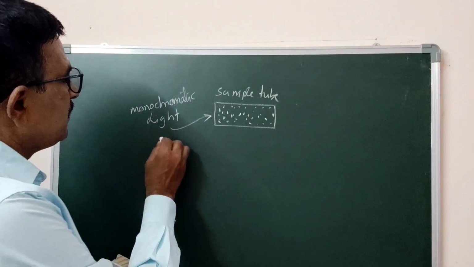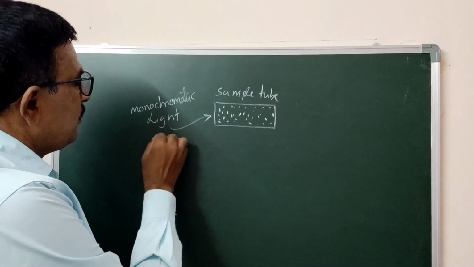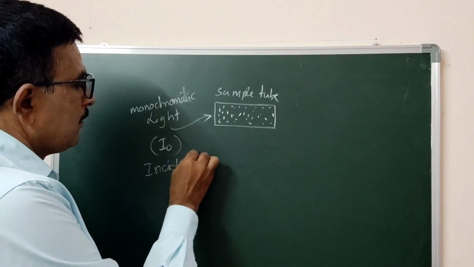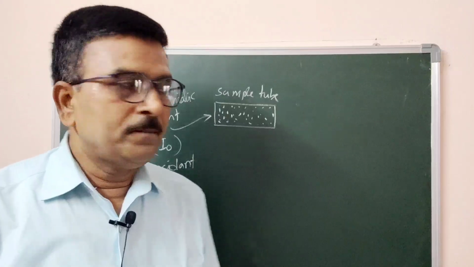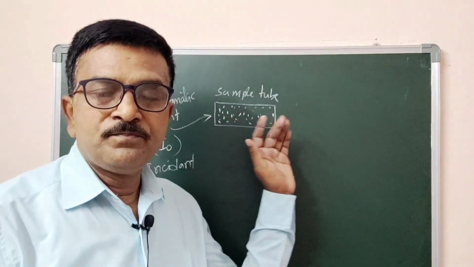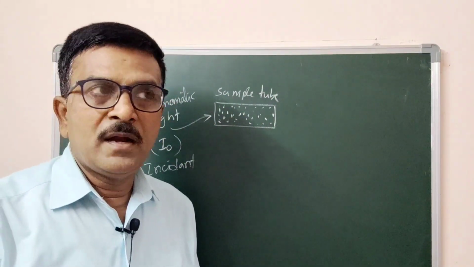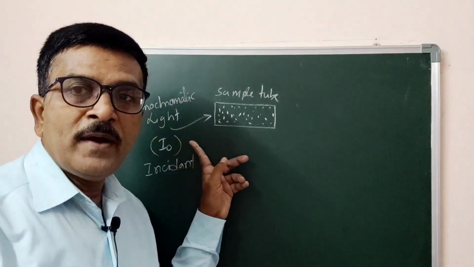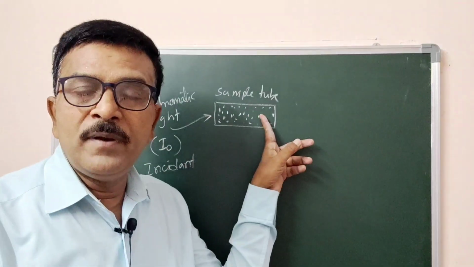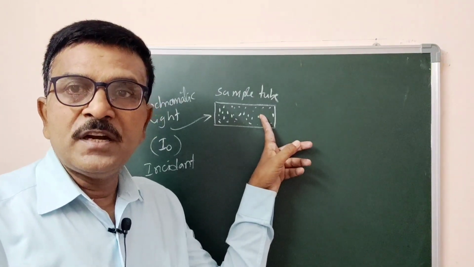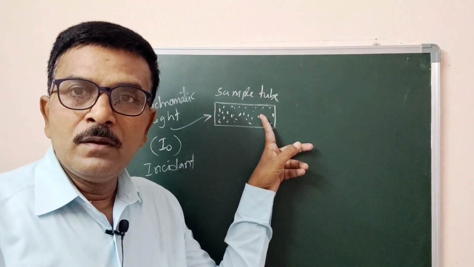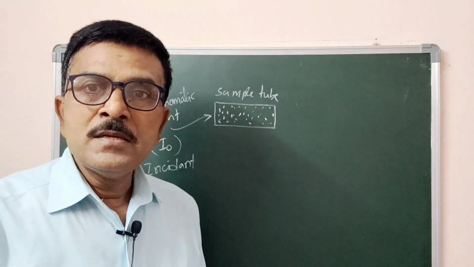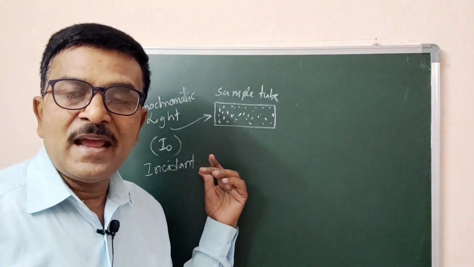Now this light is called I0, the incident radiation. According to Beer-Lambert, when a monochromatic light is passing through the sample solution which contains the sample molecule, a certain proportion of light is absorbed by the sample from the incident light.